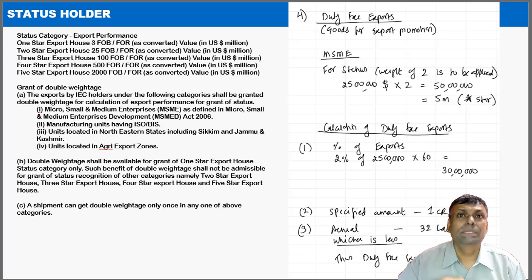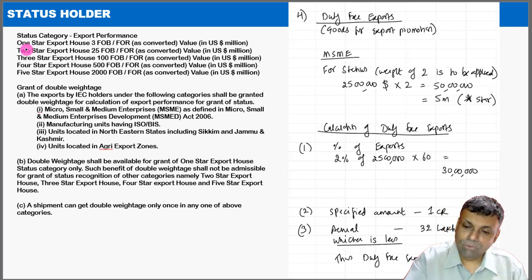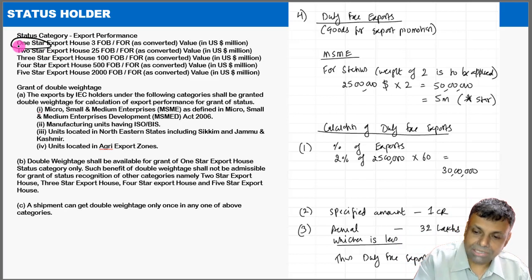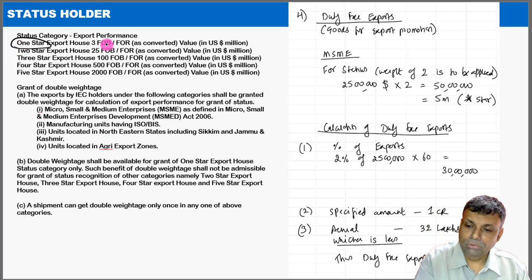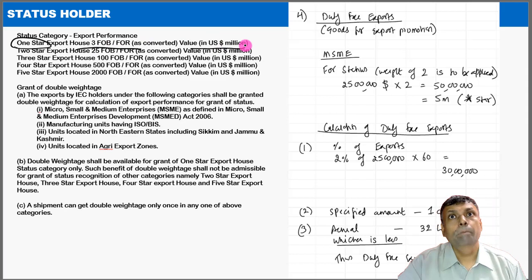A status holder is basically called a star holder. For example, you will get a 1-star rating from the law point of view where your minimum export performance in the earlier years should be at least 3 million US dollars. You get 1 star.